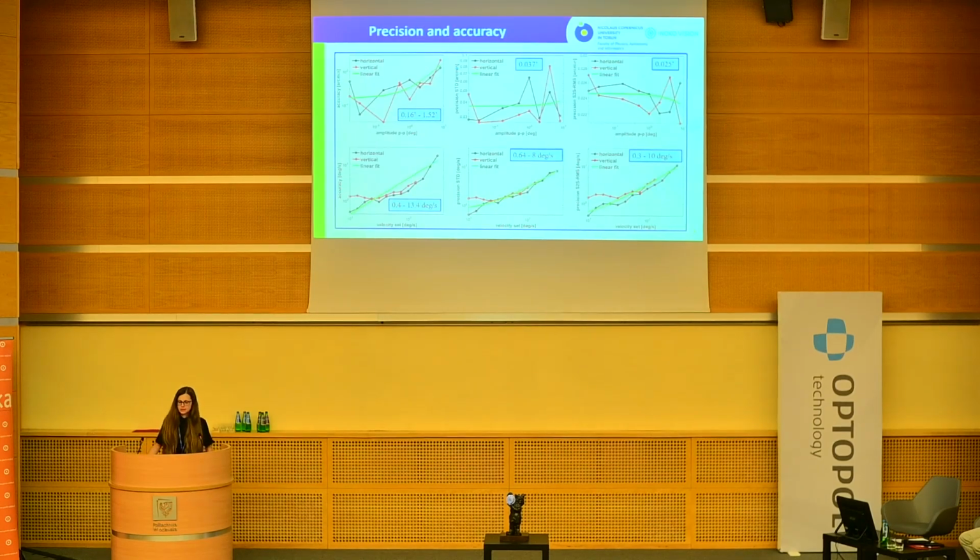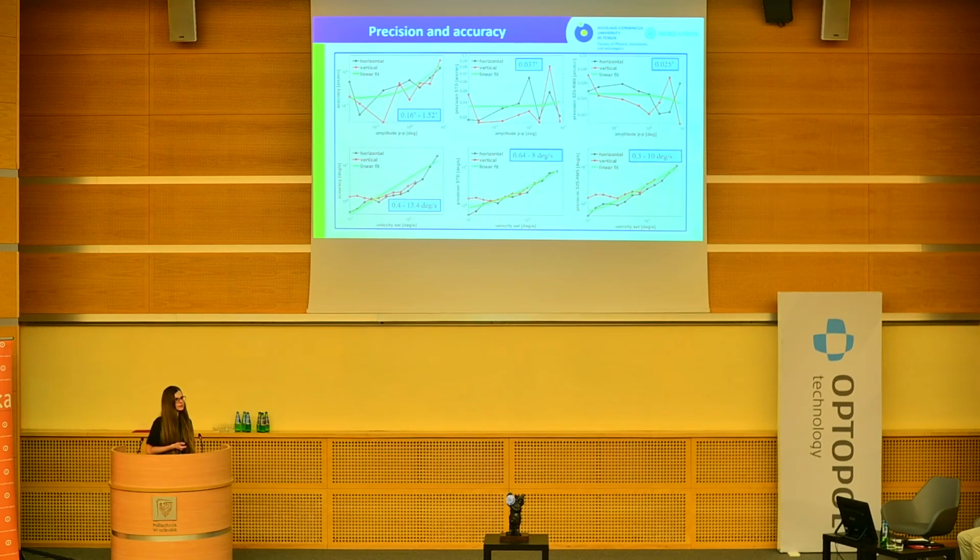Okay, of course, when we talk about eye tracking, there are two very important parameters: precision and accuracy. And of course, we also measured these parameters. We did this twice. First, we used an artificial eye with a stationary object, and then we used an object which moves with constant velocity.